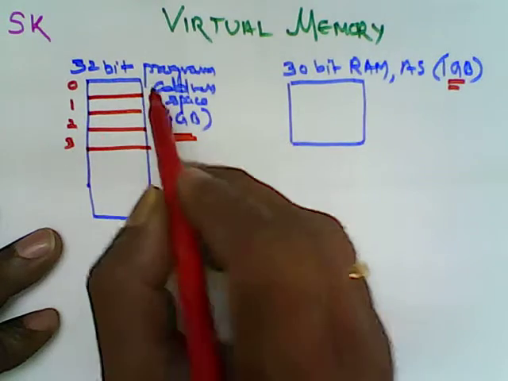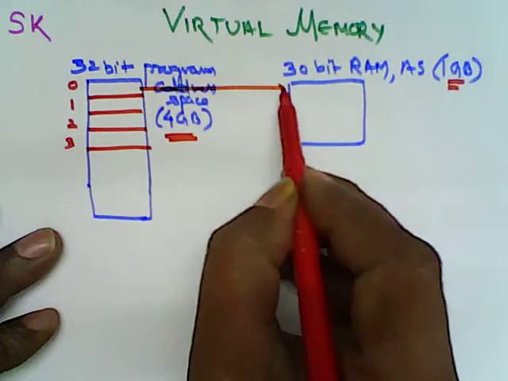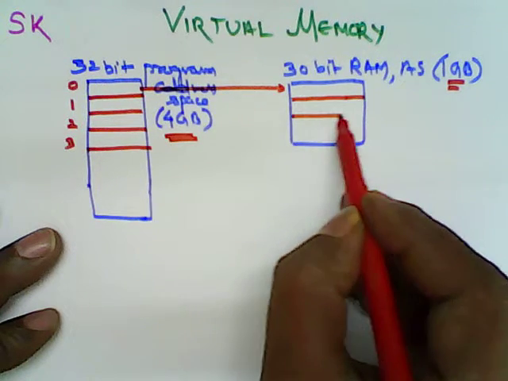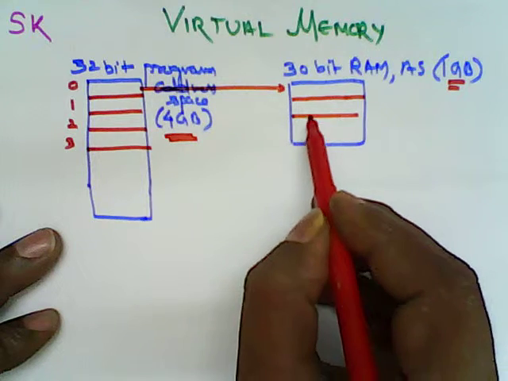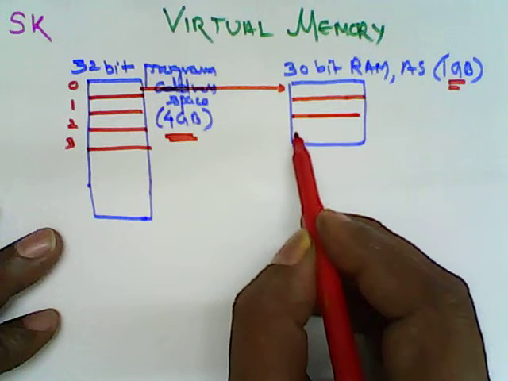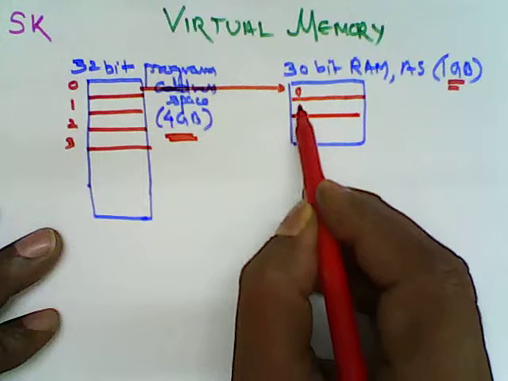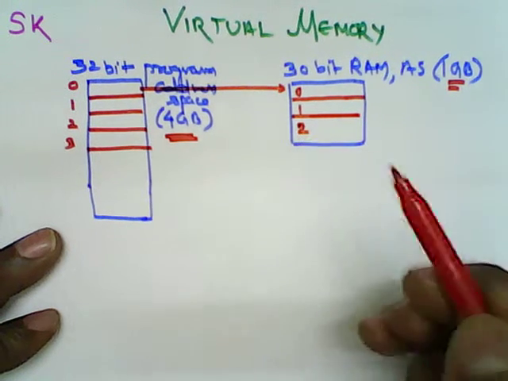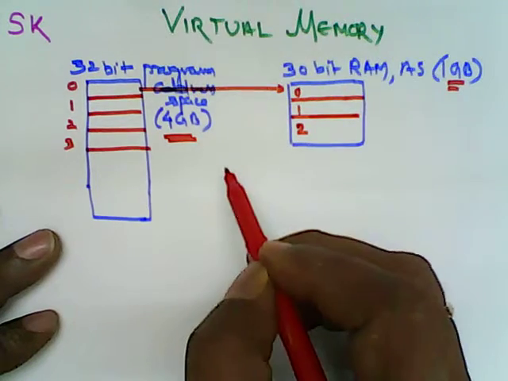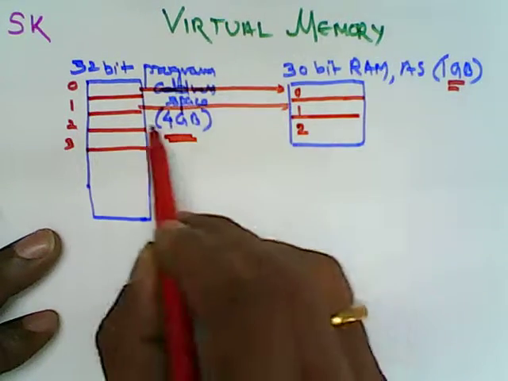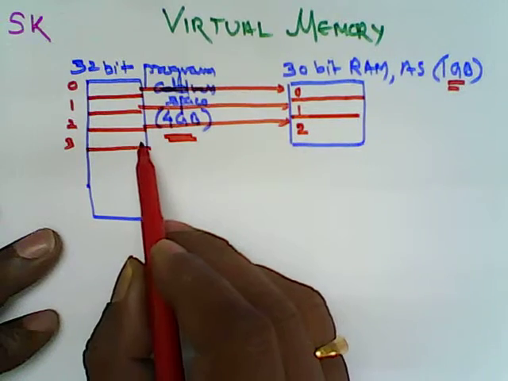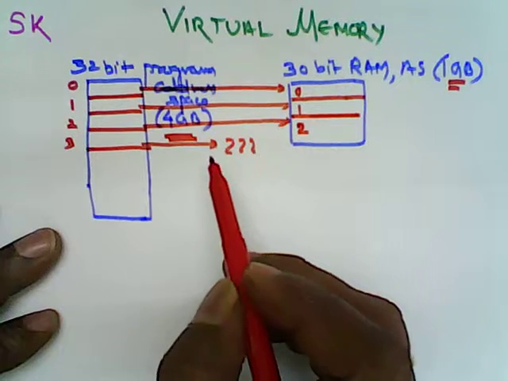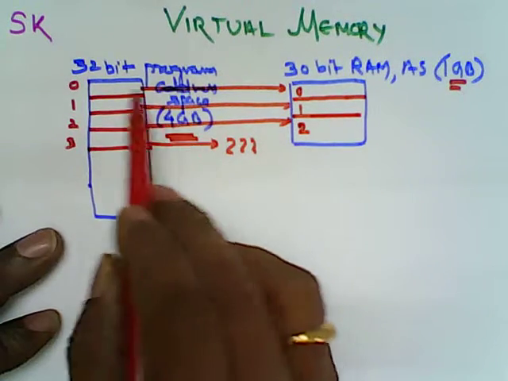Now if you try to map address 0 to 0, 1 to 1, 2 occupies this one. If you map the addresses this way, what happens to the remaining one? Where will it go?